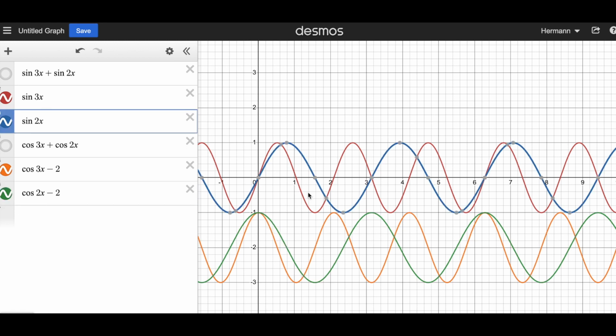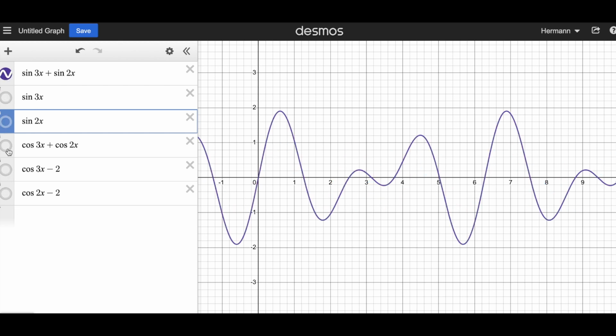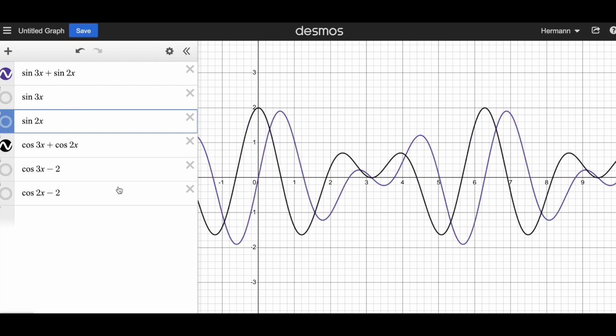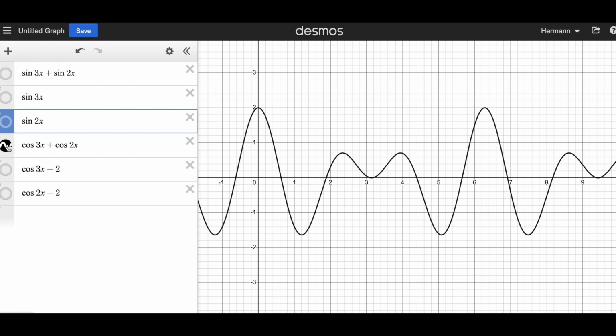The gap between the sine and the cosine is actually different throughout the domain of the function, which is why we get these two very different signals when we add them together. So this is sine plus sine and cosine plus cosine.